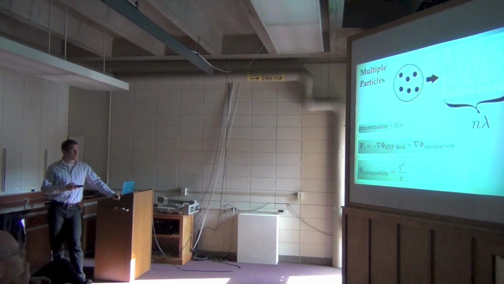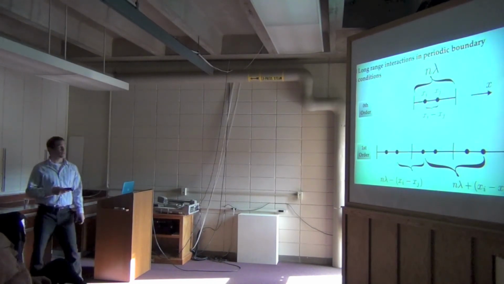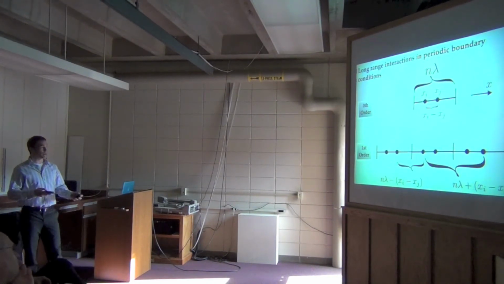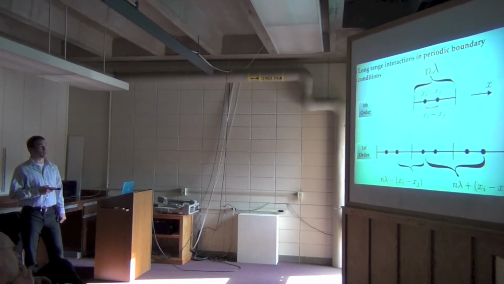So we need to calculate the force on any given particle in this system. We consider it a simple Coulomb particle interaction. To do this, we need to be careful because of the long-range particle interactions in a periodic boundary condition; we can't just consider nearest neighbor interactions.